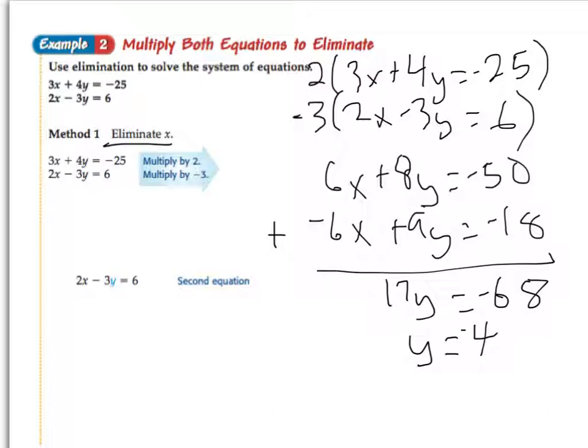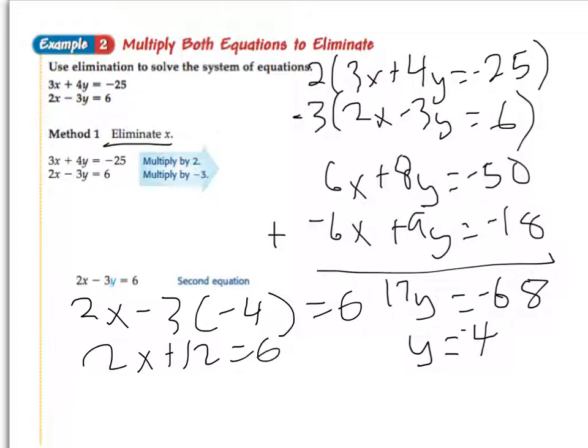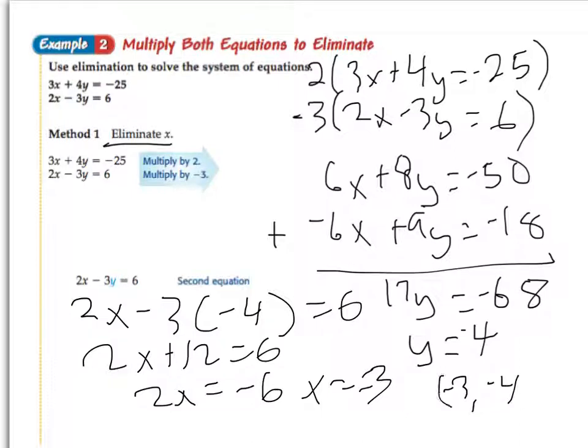And then we plug negative 4 back into our original equation. And then we get 2x plus 12 is equal to 6. 2x is equal to negative 6. So x is equal to negative 3. So we get negative 3 comma negative 4 for our ordered pair.